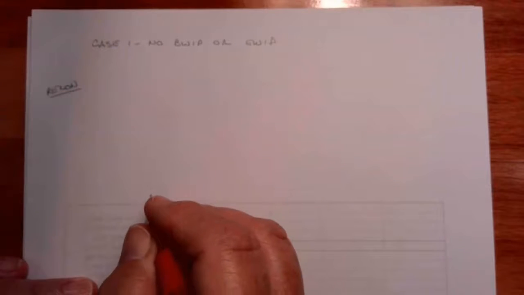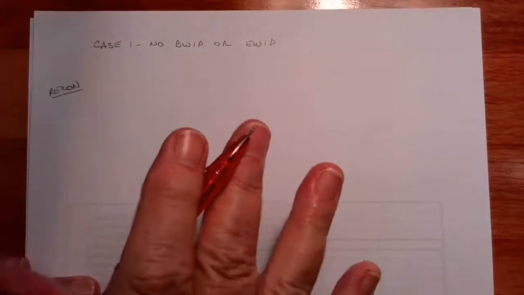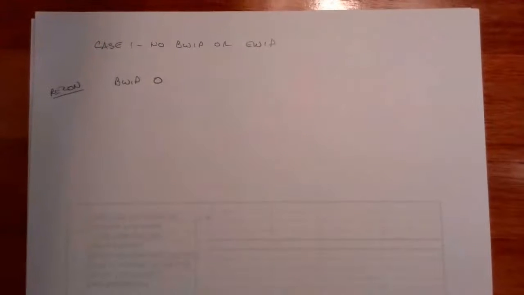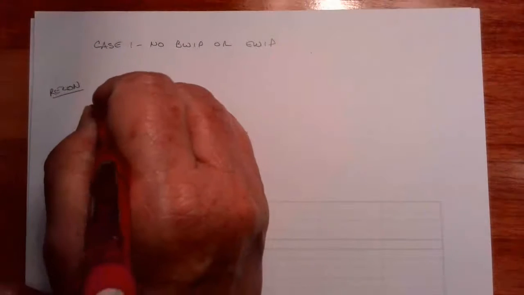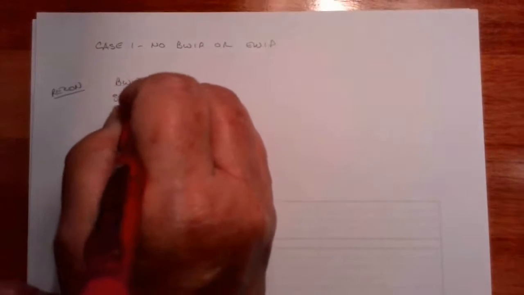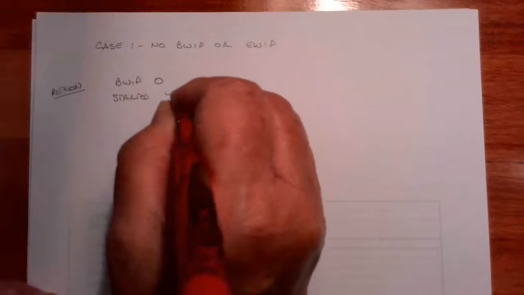And we start out with like a reconciliation. That's how I think about it. We've got to make sure that we account for all the units that we started out with. So this had beginning work in process of 0. You can follow this with a book if you want to. I could do it in Excel, but I'd rather show it to you like this. And they started 400 units.